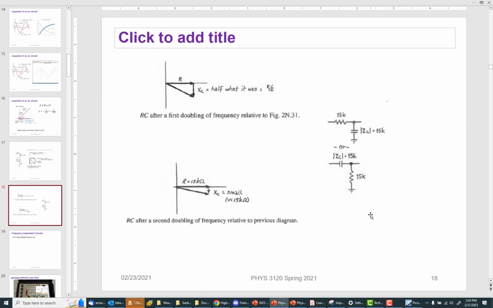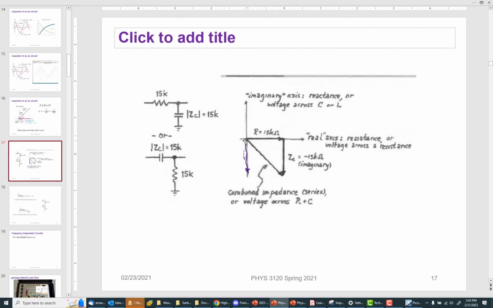So here's where you see the phase shift and the V out over V in changing, because the V out over V in depends on the length of the resultant. And the circuit itself.